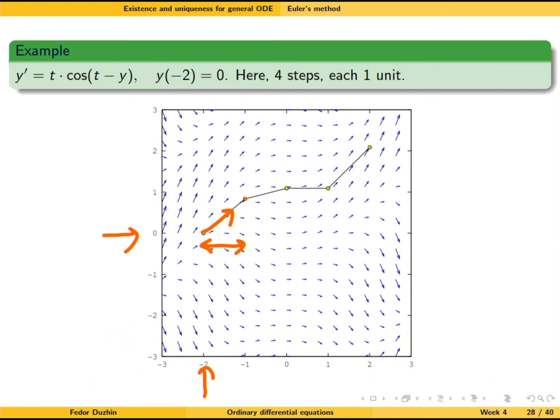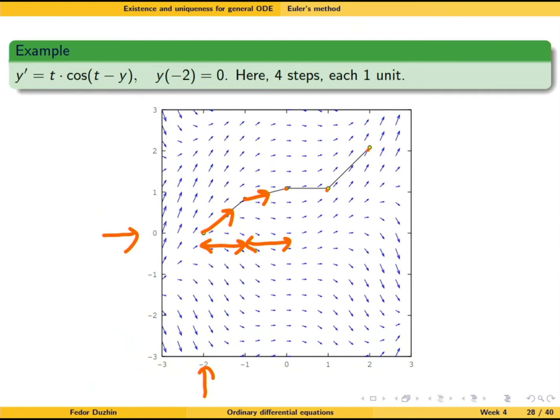Then we're going to see the vector from the direction field at this point. So it shows the direction, and then we're going to move in this direction so that the step is exactly 1 unit in t, and then we arrive at this point, and then to this point, and then to this point. This is if we try 4 steps.